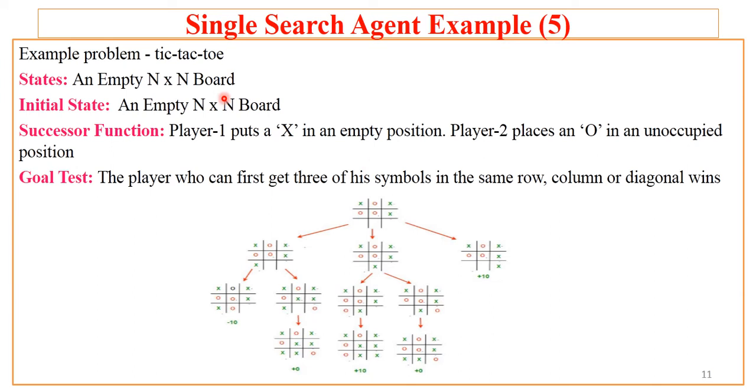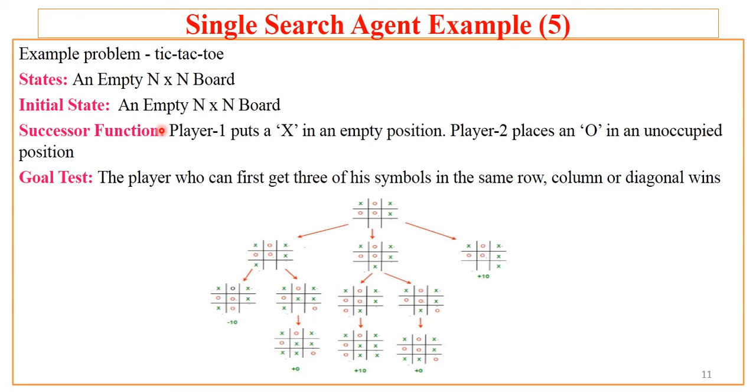Next one is tic-tac-toe. So here the tic-tac-toe problem is also called the cross and not problem. So here there is an n cross n board, which is the initial state, which is empty, and the successor function is that any player can put a cross if he is a cross player at any empty position of the board, or a player can put a not in an unoccupied position if, sorry, it is a not player.